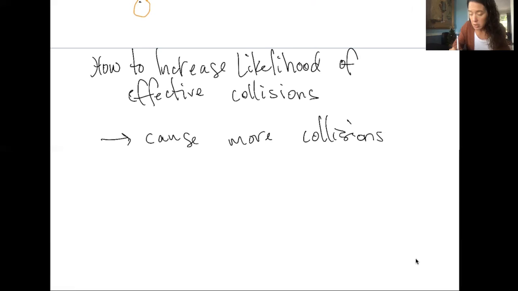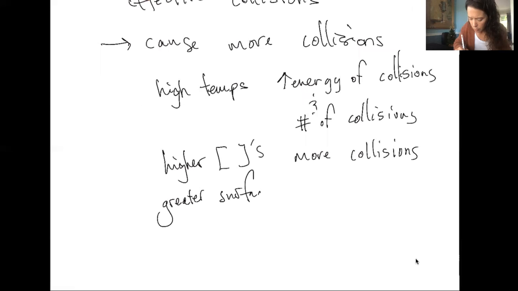And the more collisions we have, the greater likelihood we have that more of them will be effective collisions. We could have a greater surface area. That will also increase our number of collisions, right? We could have lower volumes, higher pressures. Okay, those would increase our numbers of collisions.